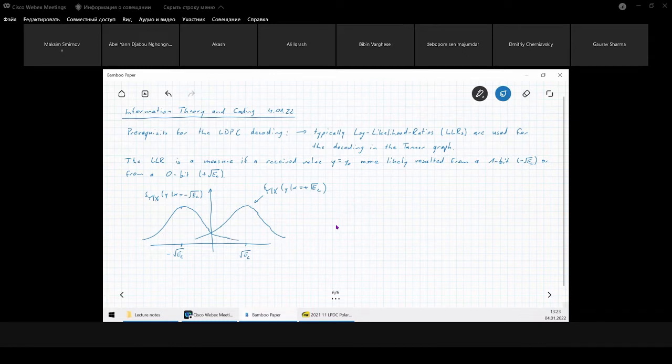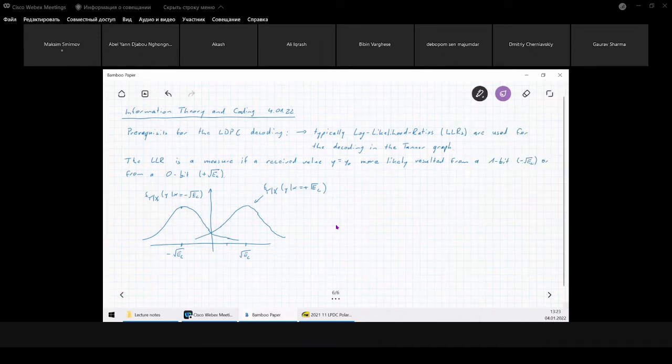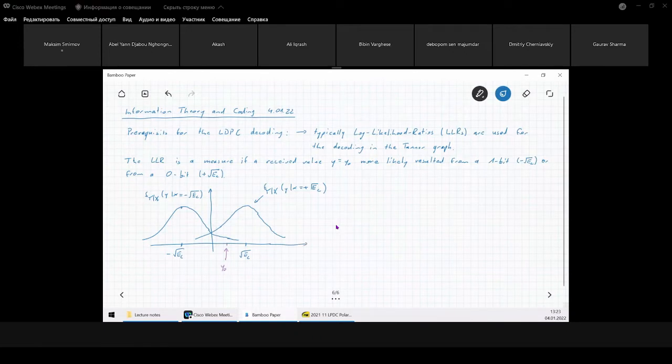Now basically the question that we would like to answer is, if we observe a certain value, y0, this would be the y-axis down here, or received values.